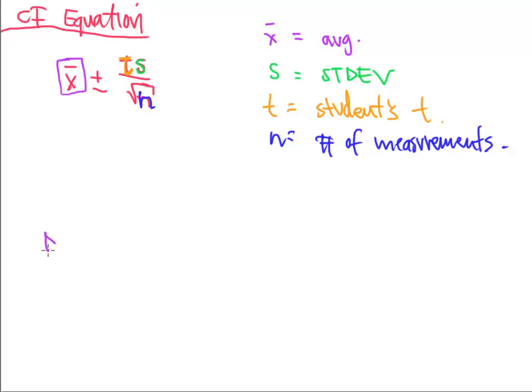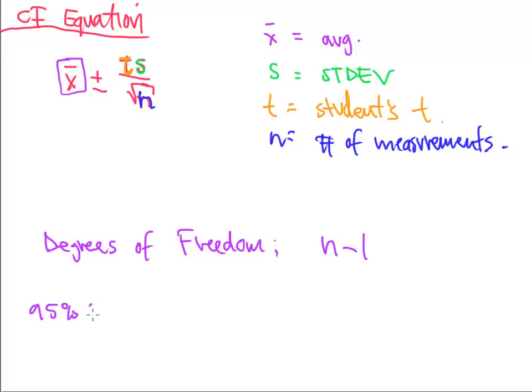All right, so the degree of freedom is basically, again, it's not rocket science. Watch how hard this is. The number of measurements minus 1. Okay, so for instance, let's say I want a 95% confidence interval of 6 measurements.